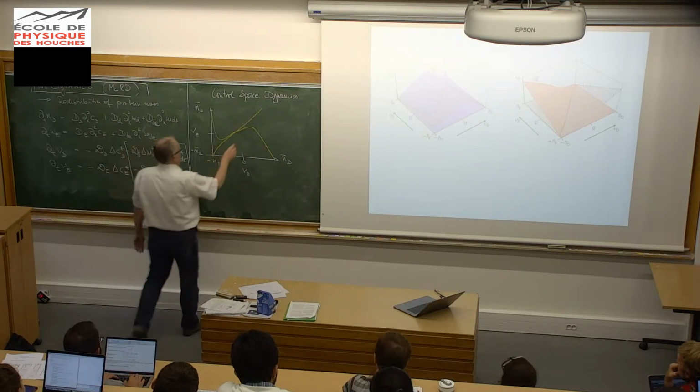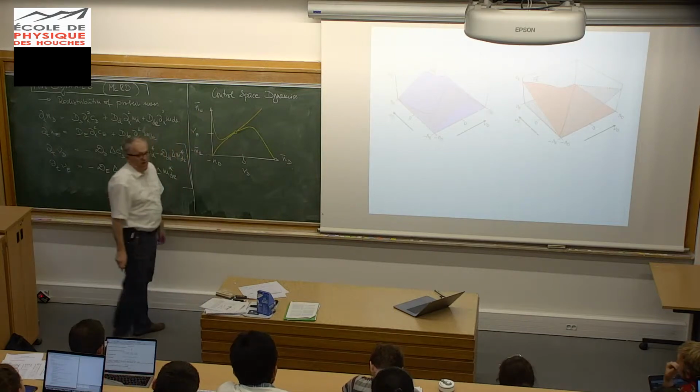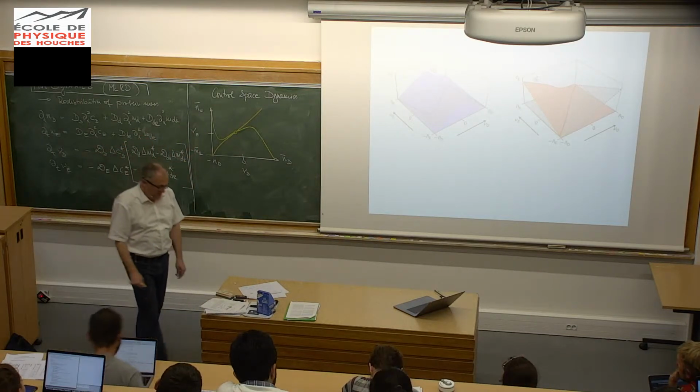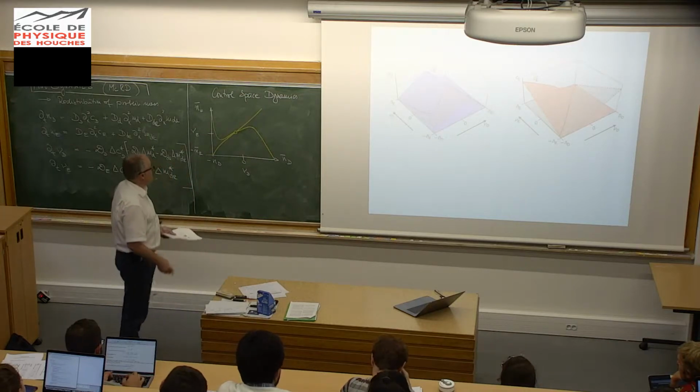Okay, so you have this N shape, and now you can do the math, or you can just look at those pictures here, and from the pictures infer the flow.